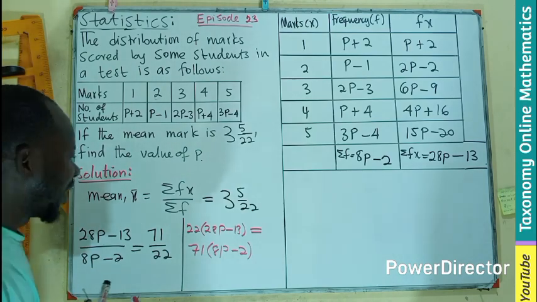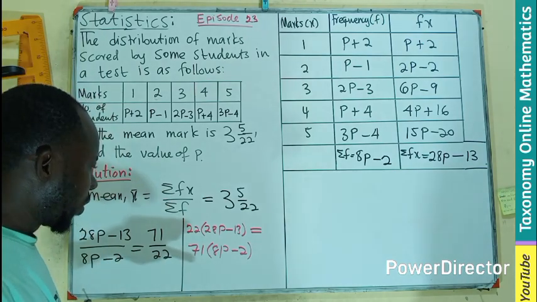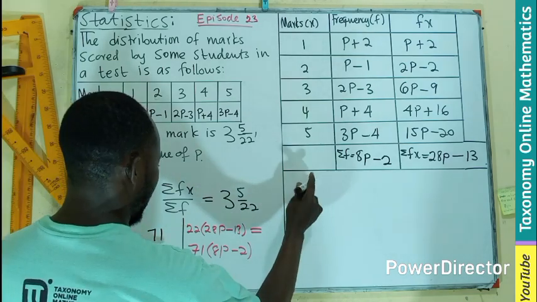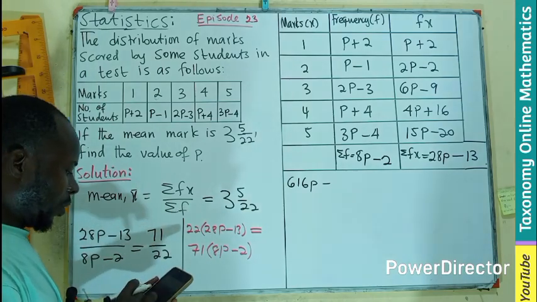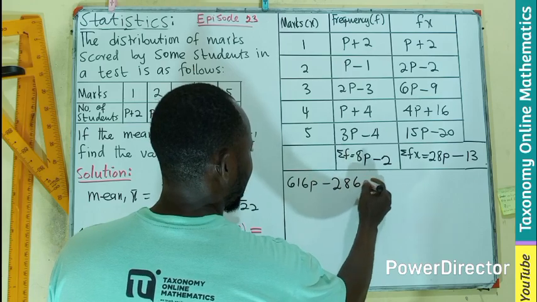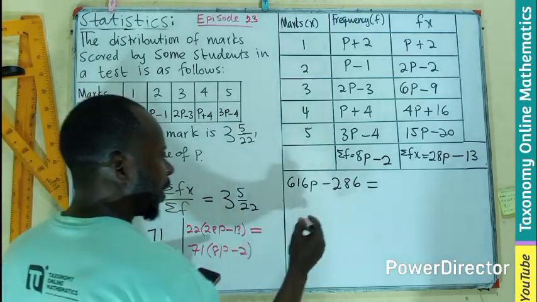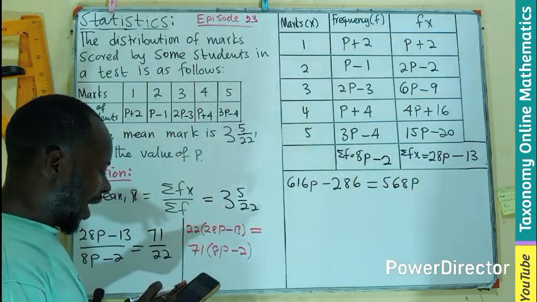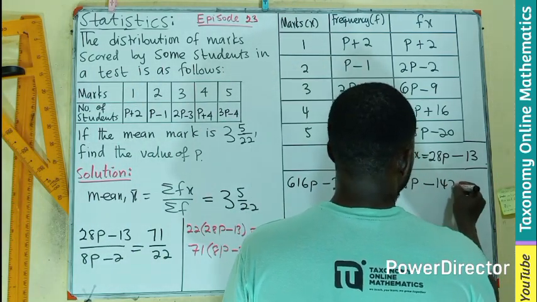Let's expand this and see. On the calculator, we should have 22 times 28. That will give us 616p minus 22 times 13, that will be 286, equals to 71 times 8, that will be 568p, and 71 times 2, so we have minus 142.